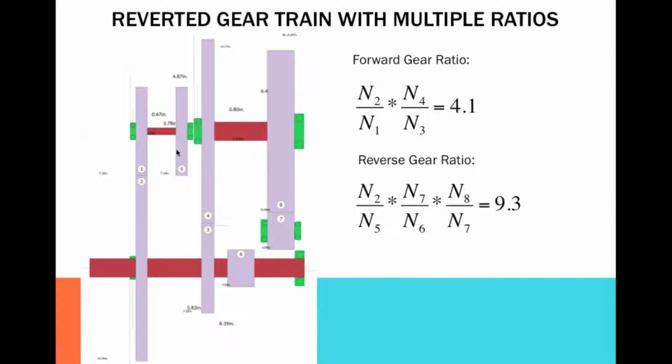As you can see here, gears 5, 6, 7, and 8 are not engaged. But if they were engaged, 2 would engage over here with 5, and this counter shaft would slide over. 6 would engage with 7, so power would flow from 5 to 2, 6 to 7 to 8, and then out the output shaft. Gear 7 here is important because it is an idler gear.